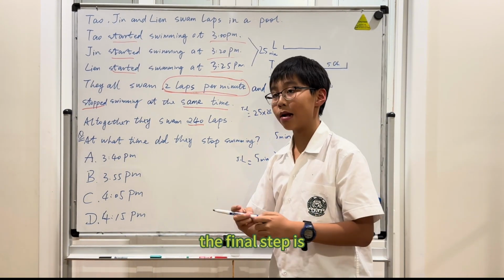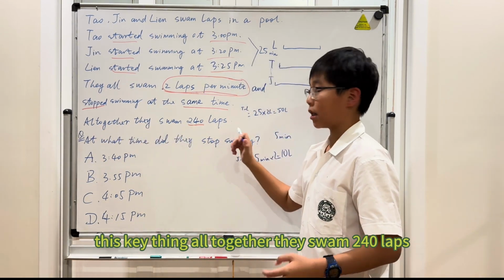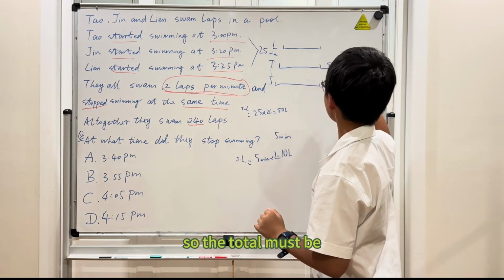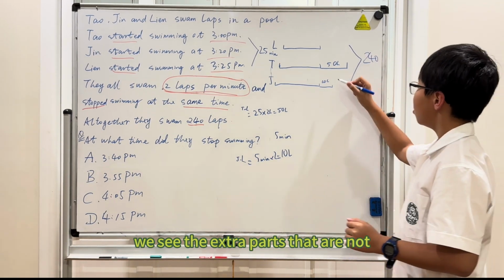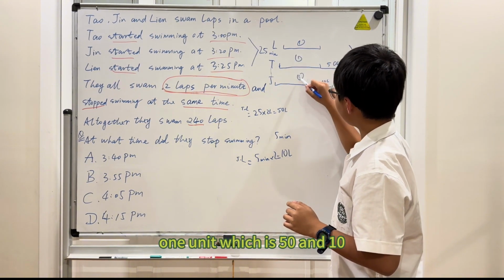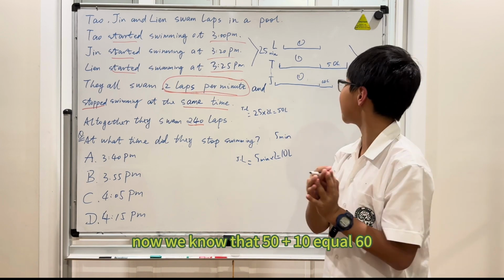Now, the final step is this key thing. Altogether, they swam 240 laps. So the total must be 240. We see the extra parts that are not 1 unit, which is 50 and 10. Now we know that 50 plus 10 equals 60.